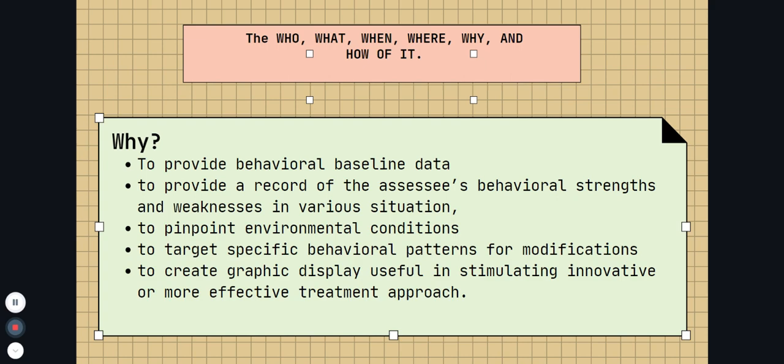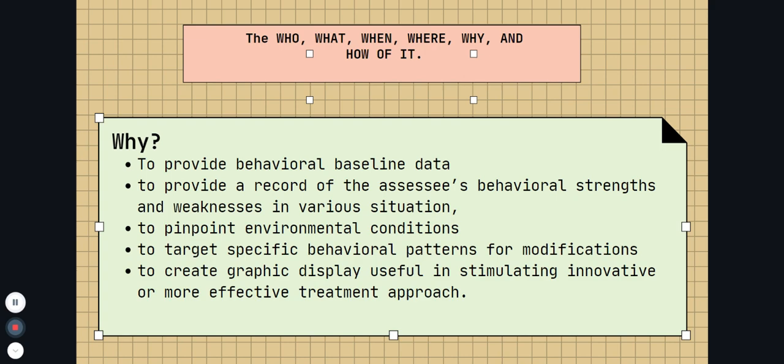So to pinpoint environmental conditions that are acting to trigger, maintain, or extinguish certain behaviors. To target specific behavioral patterns for modifications and to create graphic displays useful in stimulating innovative or more effective treatment approaches.